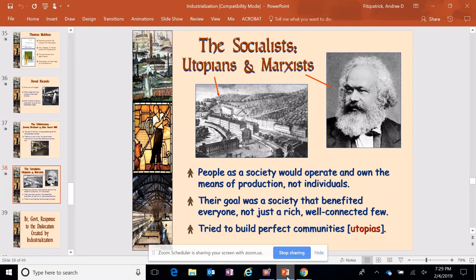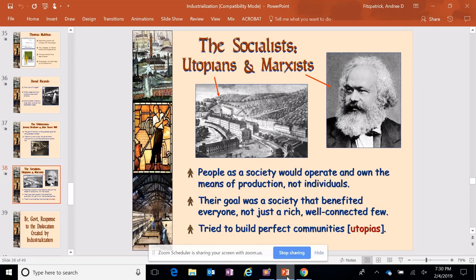A little bit further to the left were socialists like Karl Marx and Friedrich Engels, who rejected capitalism entirely, who felt that capitalism was exploitive, that profit was simply the difference between what the workers were paid and what they were actually worth.